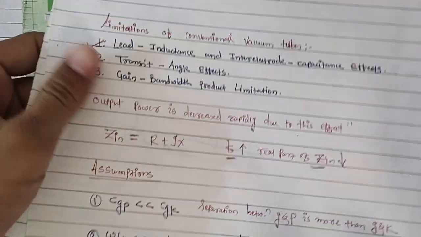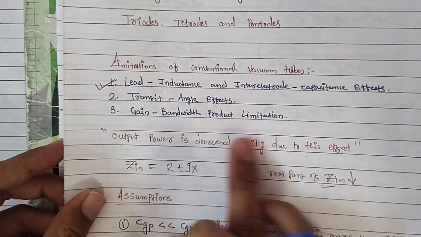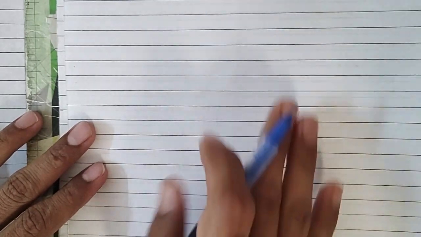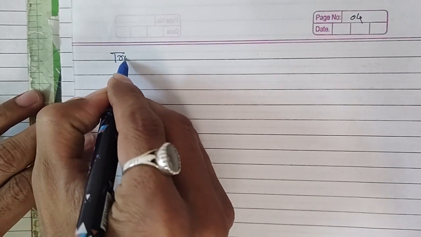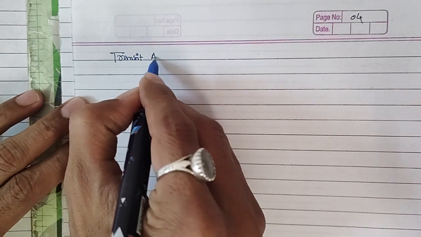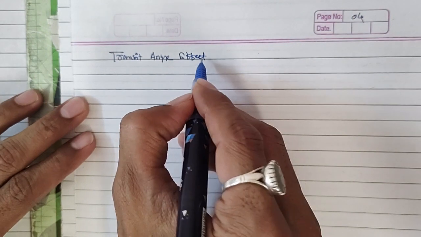Now in today's lecture we will see the next limitation, which is transit angle effects, as well as we'll see gain bandwidth product limitation. So what is transit angle effect? The second limitation of conventional vacuum tube is transit angle effects.